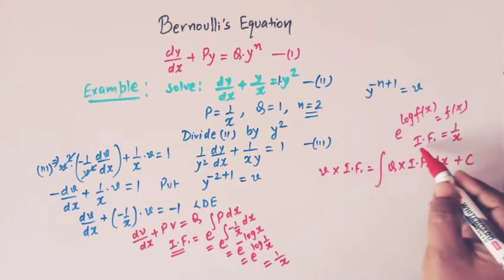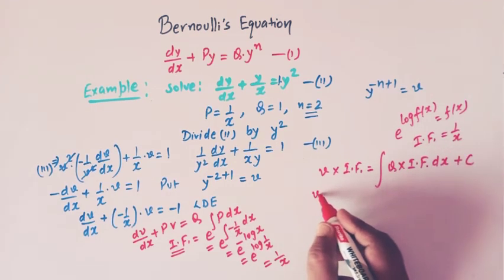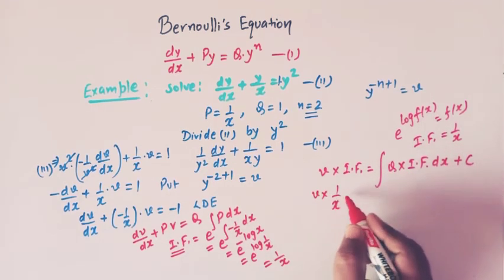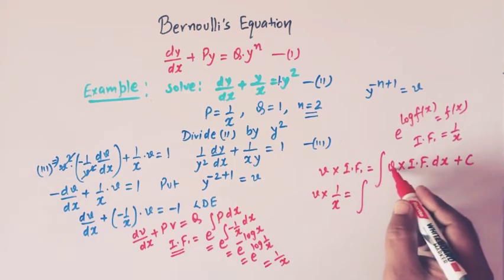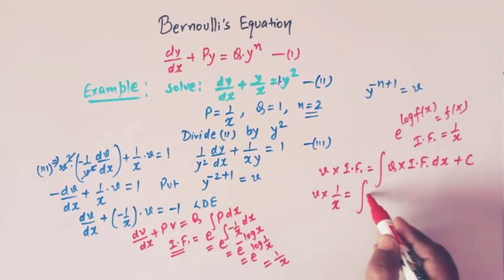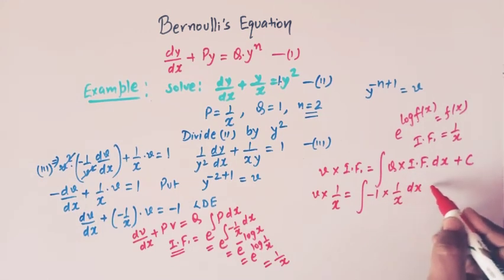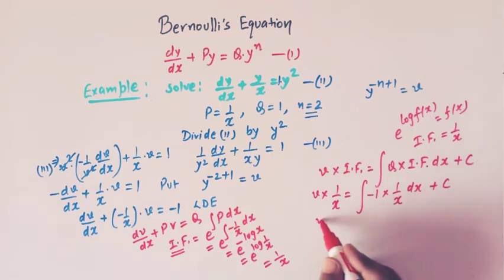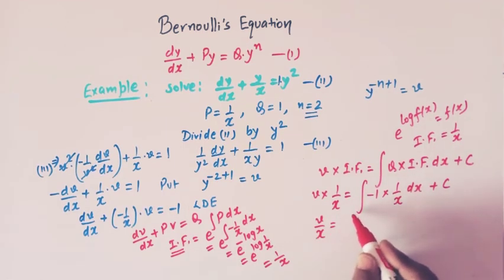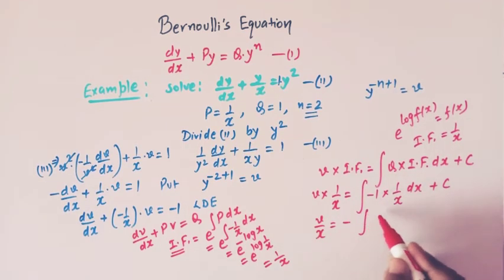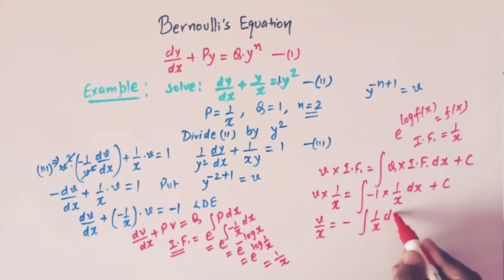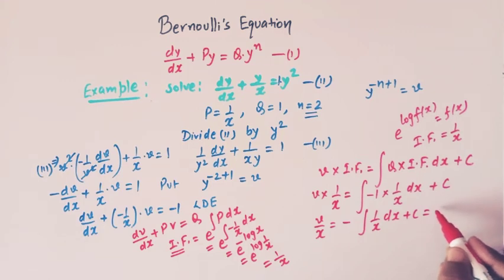So now substituting the value of the integrating factor, here we have v times 1 over x, and integral for q we have minus 1 multiplied by 1 over x dx plus c. Now this is v over x, and we have minus integral of 1 over x, and the integral of 1 over x is log x, so we can write minus log x plus c, right?